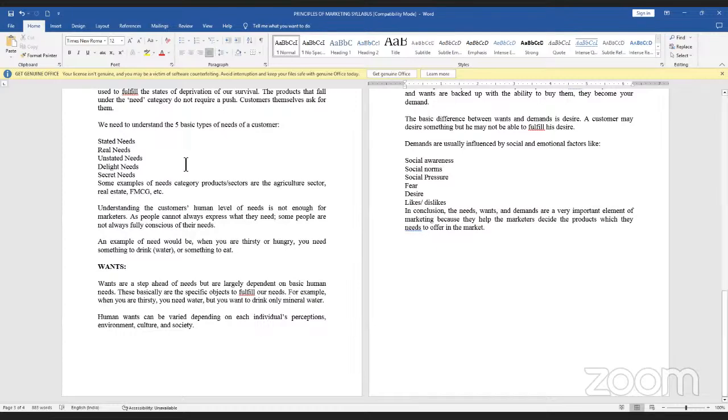Unstated needs are needs which are not specified, but you need them. For example, to attend this class, you have to have an internet connection, right? This is your unstated need, because without an internet connection, you cannot connect and attend your class.